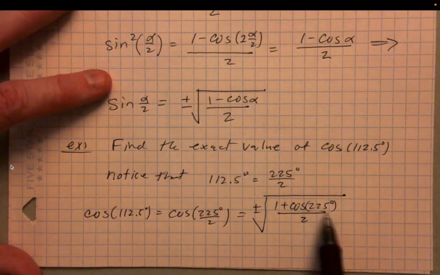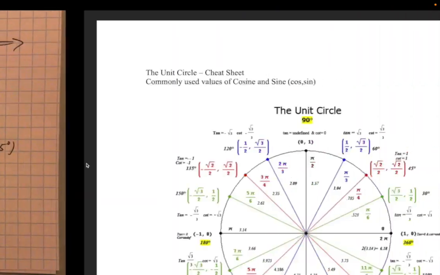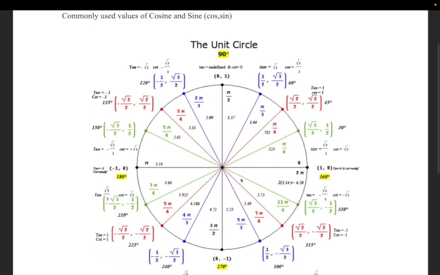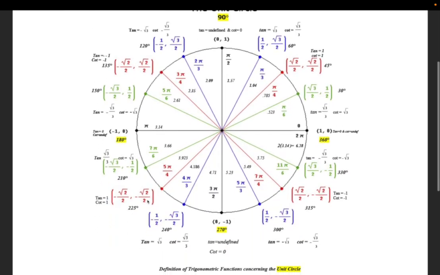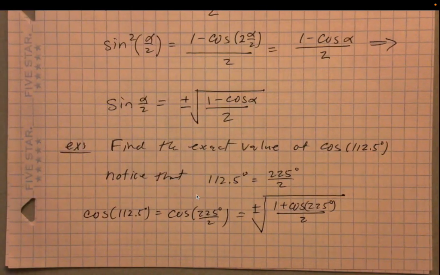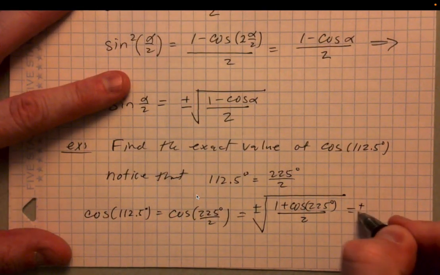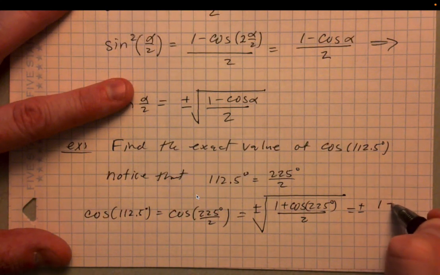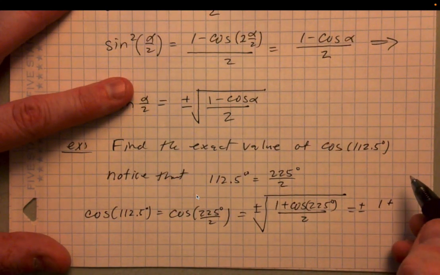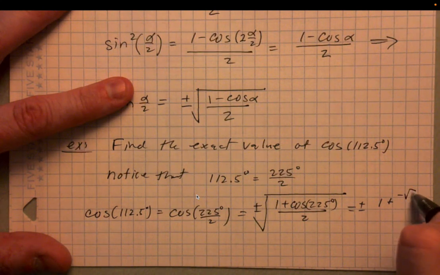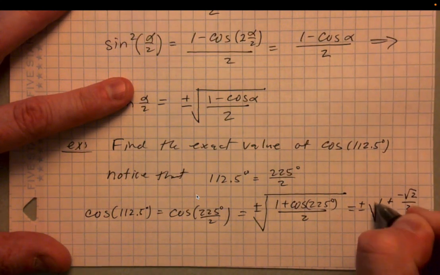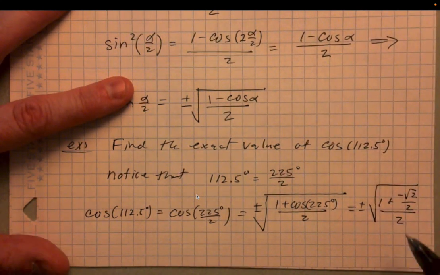And cosine of 225 degrees, we can find on our unit circle down here. Here's 225 degrees. The cosine is negative square root of 2 over 2. So that means this is equal to plus or minus the square root of (1 plus the negative square root of 2 over 2), and that's all over 2.